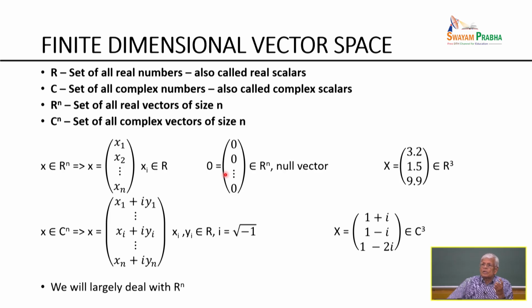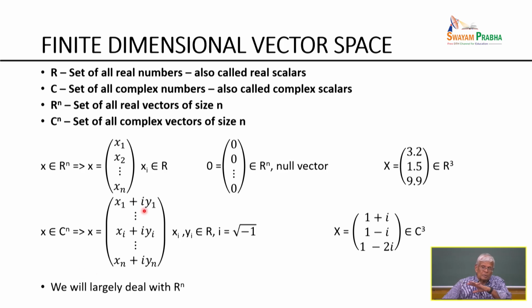So the origin is a vector whose components are 0, and origin is a part of Rn for every n. This vector, all of whose elements are 0, is called a null vector. So what is an example of a 3 vector? A vector of size 3 in R3: 3.2, 1.5, 9.9.